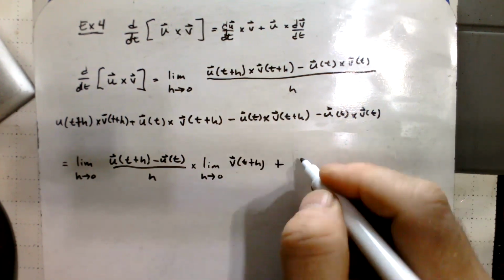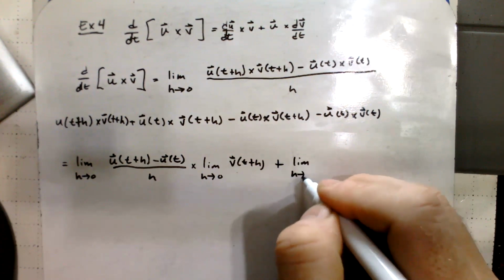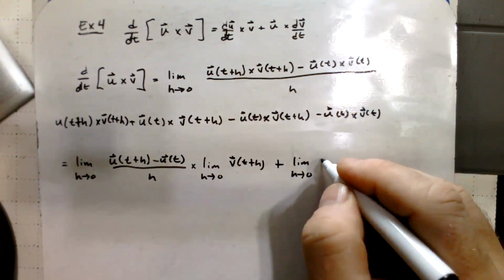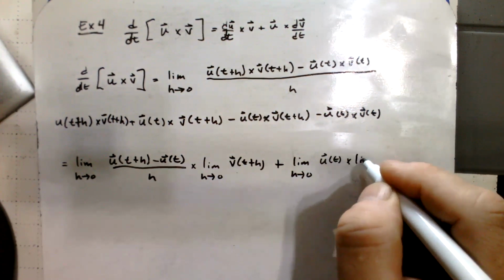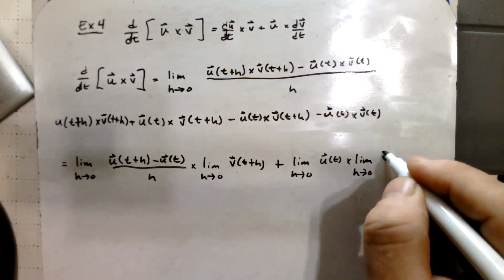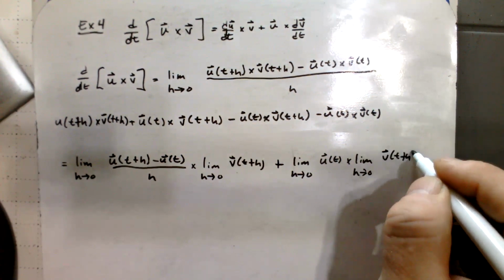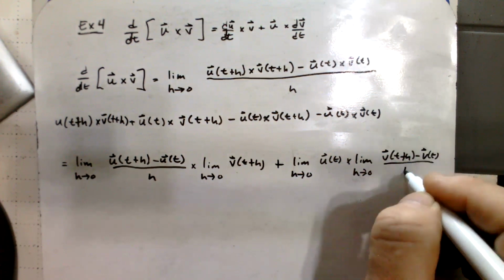And we're going to add to that the limit as h goes to 0 of u of t cross the limit as h goes to 0 of v of t plus h minus v of t, all divided by h.